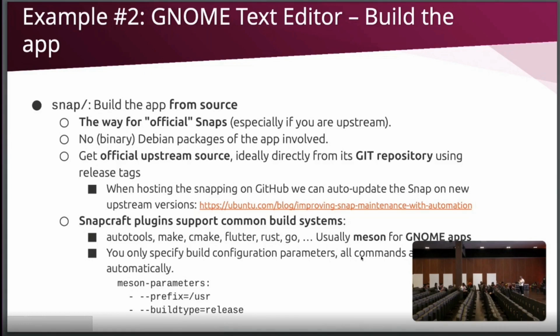This way we can more easily update the snaps to the next release, as there's a GitHub action available with which one can automatically update. For this, the upstream source needs to be downloaded from Git, always with a tag to not get the newest point of development, which is usually not stable.